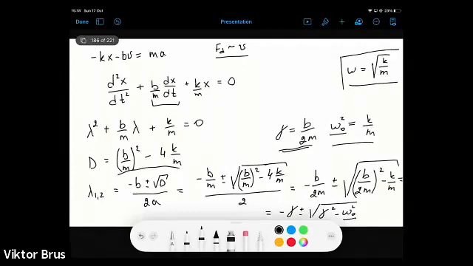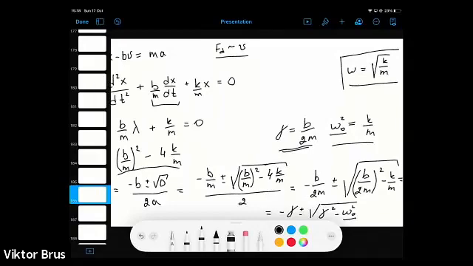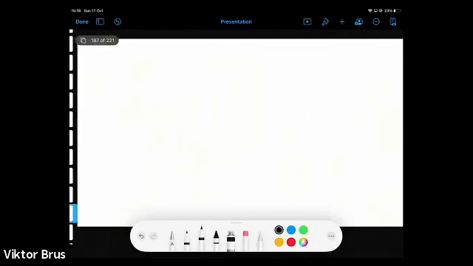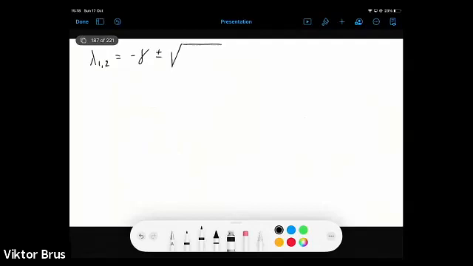Okay, let us write this down again on the next slide and proceed further. So our solution now in final form: lambda 1,2 is equal to minus gamma plus minus the square root of gamma square minus omega naught square.